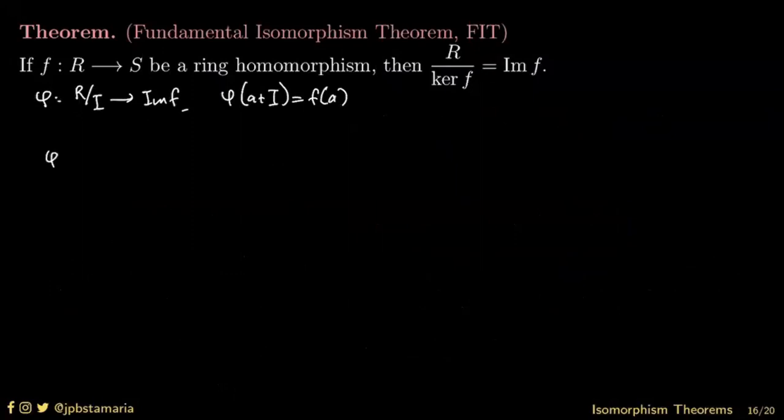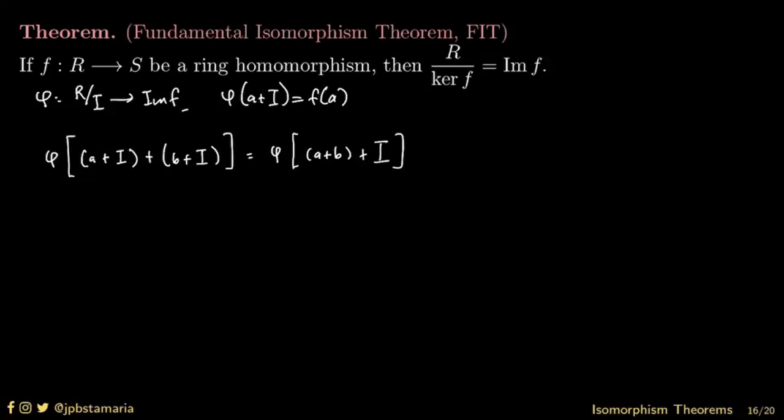Pag meron akong dalawang coset, kuha ka ng dalawang cosets kasi ang domain nito R modulo I na. So just get two cosets. Let's say A plus I plus B plus I, i-add kong ganyan. By definition of coset addition, this is A plus B plus I.